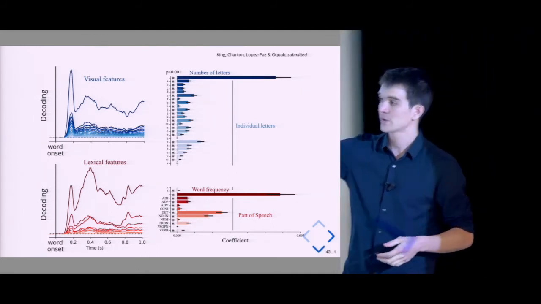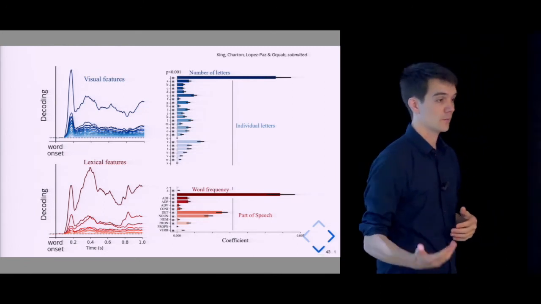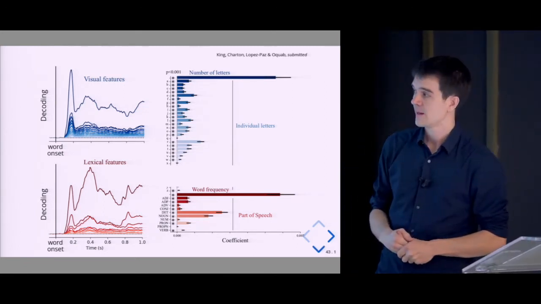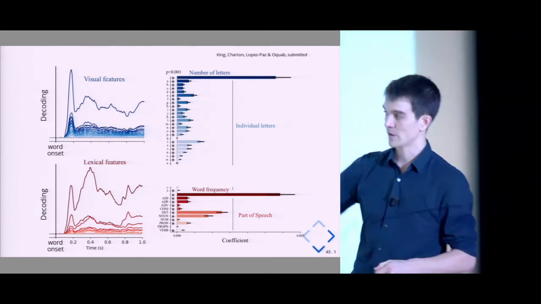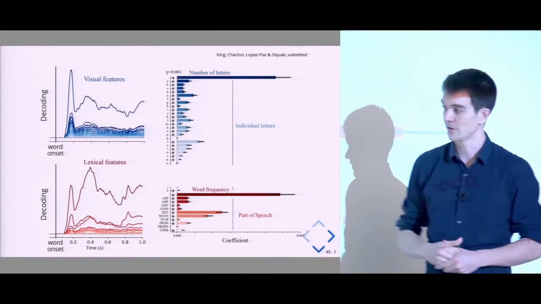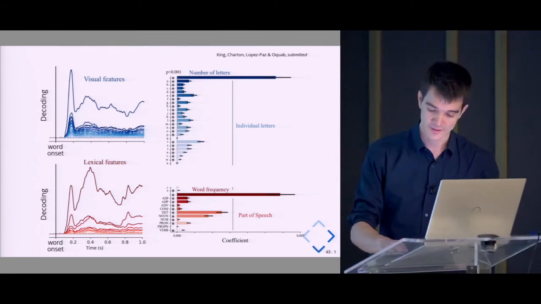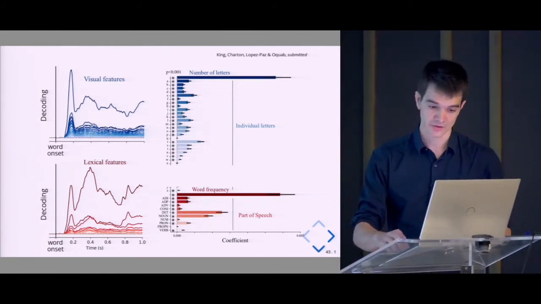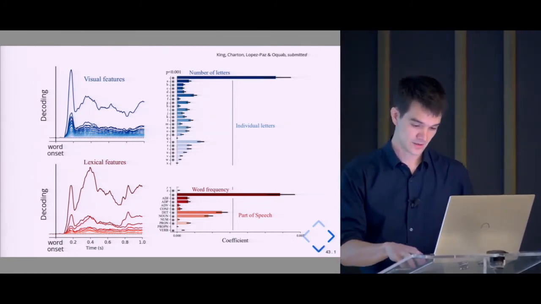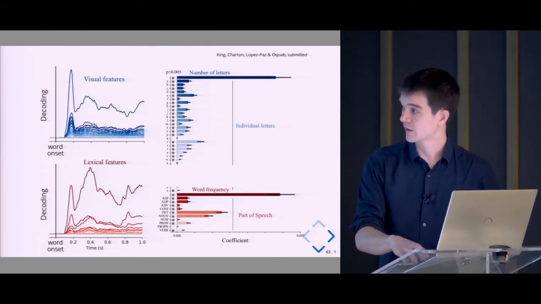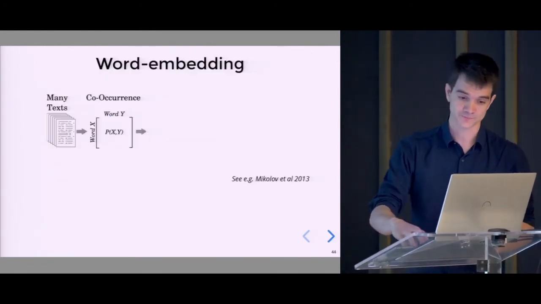So this is the word frequency, the extent to which a word is rare or common in natural language. This is, for instance, whether the word was an adjective or not, whether it was an adverb or not, and so forth, using a simple one-hot encoded classification using a ridge regression of brain activity at each time sample.